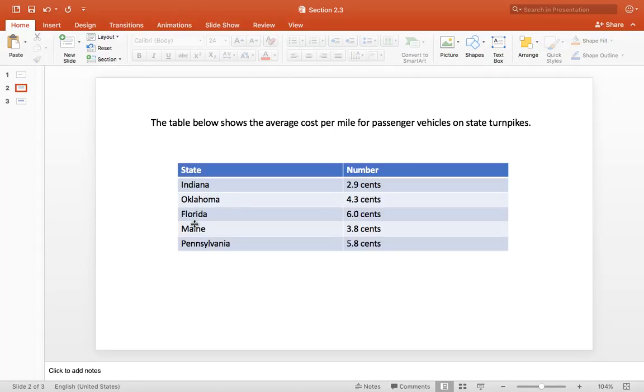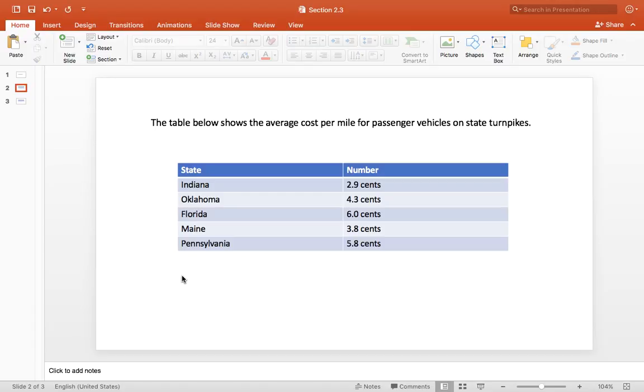Now, the first thing that you need to do when you're creating a Pareto chart is this: this number, these cents, is our frequency. It's how often something occurs, or in this case, how much each state is. First we need to rearrange this table from our largest frequency to our smallest, or in this case, from the greatest cents to the smallest cents. So this is what our table should look like.